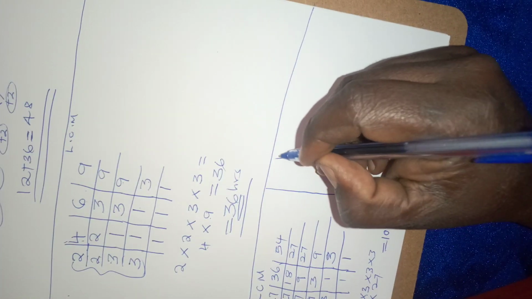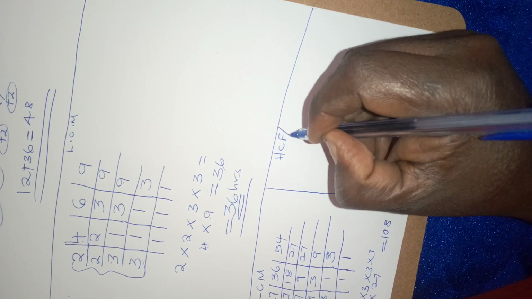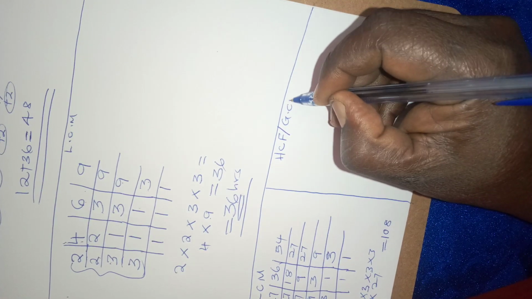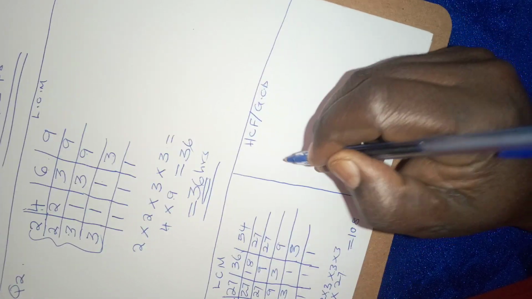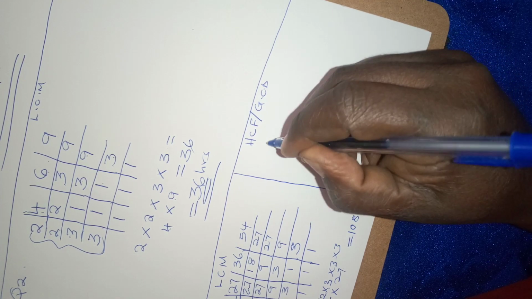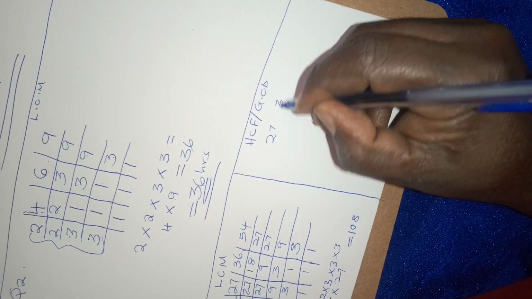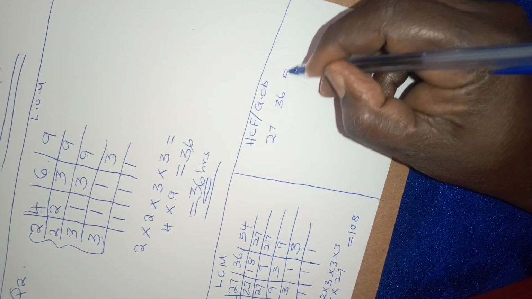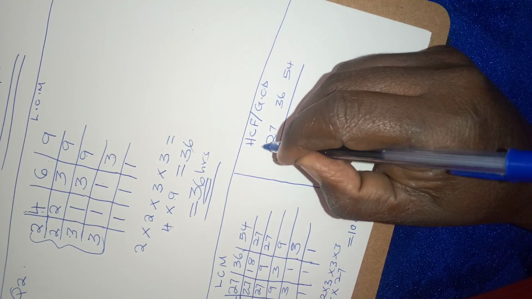Then to the HCF, or greatest common divisor, for the greatest common divisor of 27, 36, and 54.